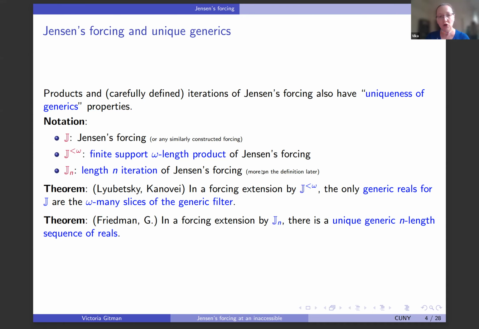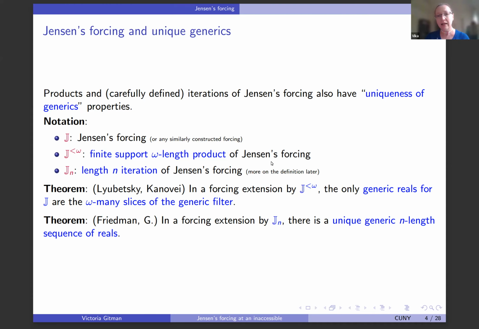Okay, so Jensen's construction was in the 1970s. The next theorem is from about 10 years ago, I think, approximately. And that's Kanovei and Lyubetsky's result, extending the uniqueness of generics property to the omega length product of Jensen's forcing.